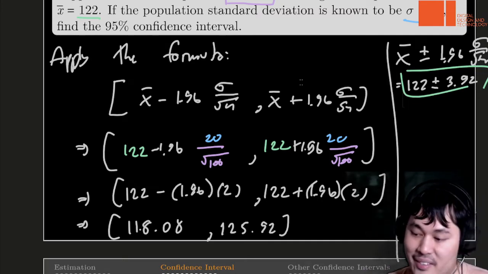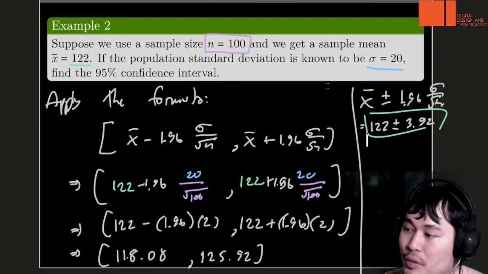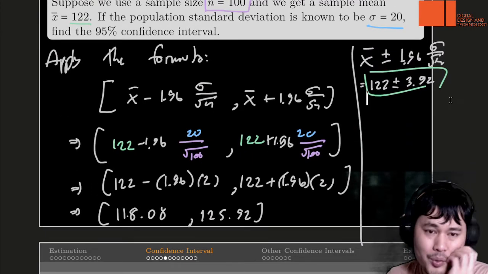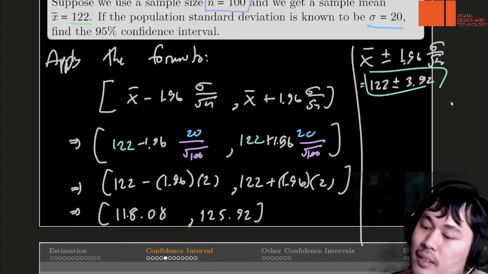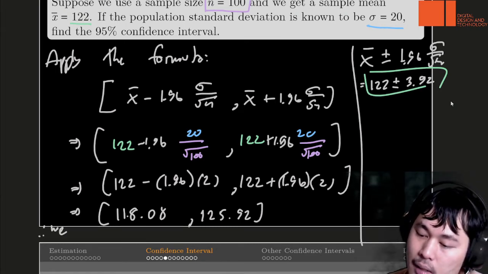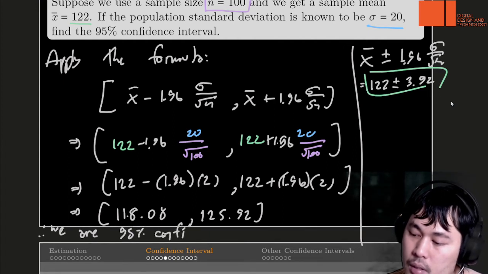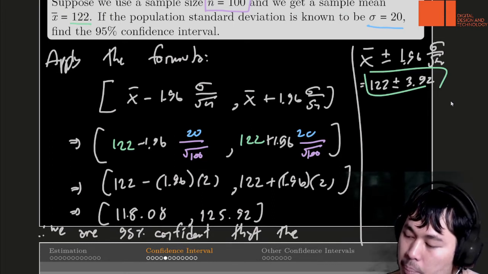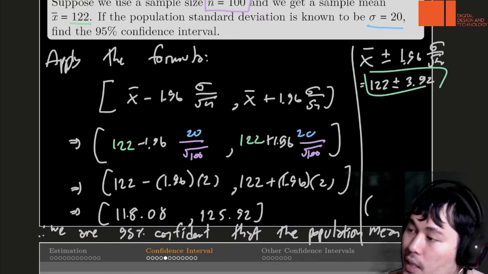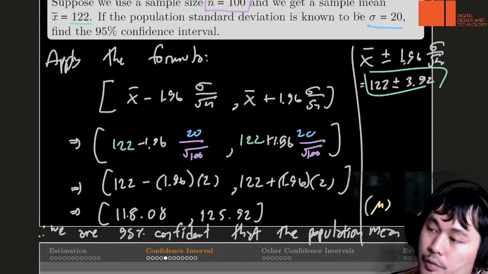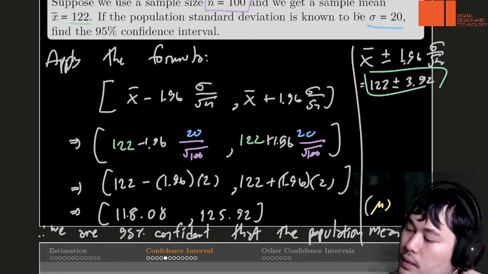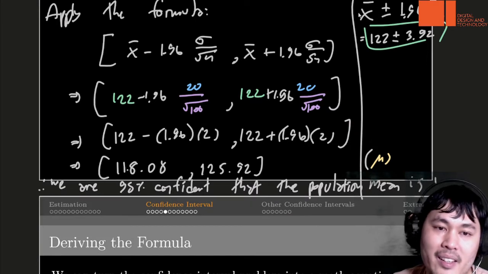And what are these numbers? If you have to write a conclusion, you say that we are 95% confident that the population mean, here the mu, that we didn't know and want to find out, is in this interval.